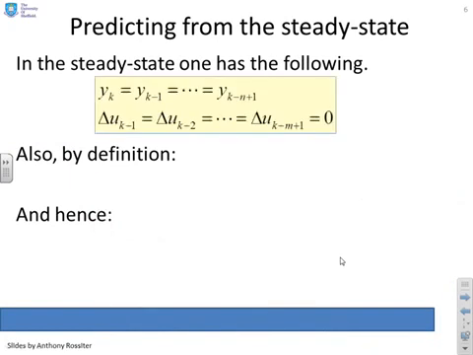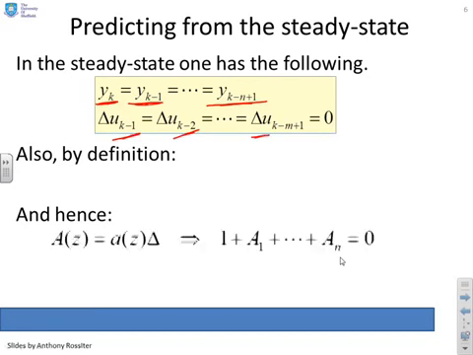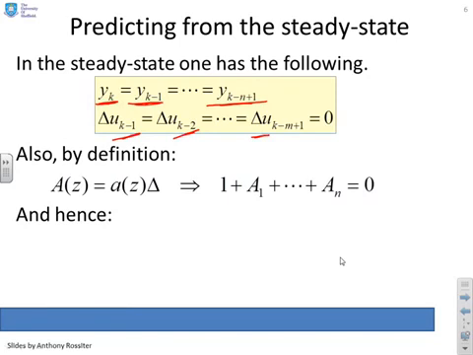Okay, in the steady state, we know this. We know that y(k) is the same as the previous value of y, y(k-1) is the same as all the previous values of y for a certain number of samples. Similarly, we know that delta u(k-1) equals delta u(k-2) and so on, i.e. the input is not changing. We also know that because capital A(z) is defined as little a(z) times delta, then if we add together all the parameters of A, we must get 0.